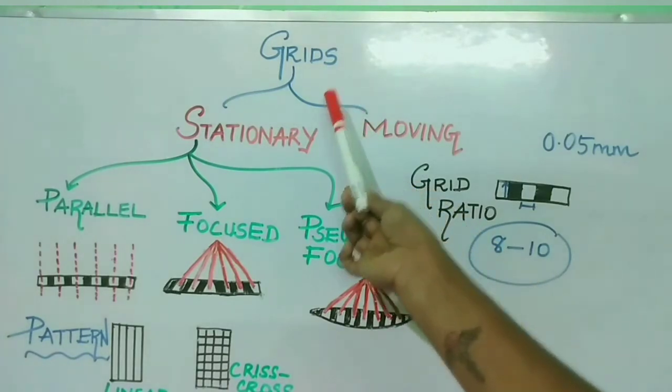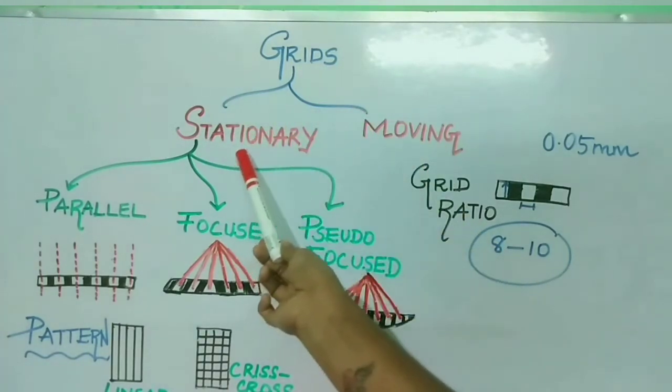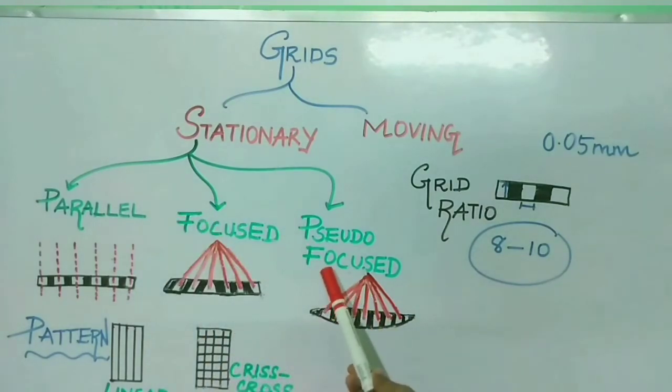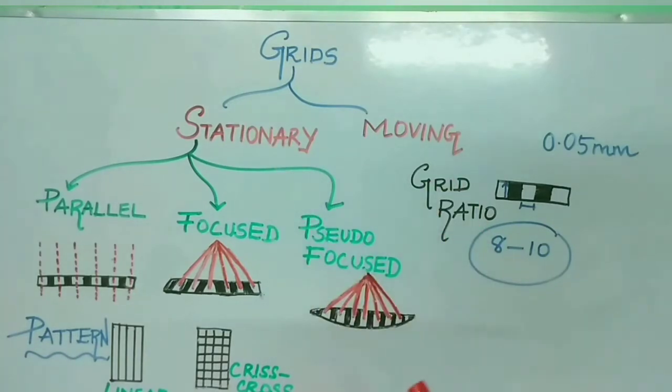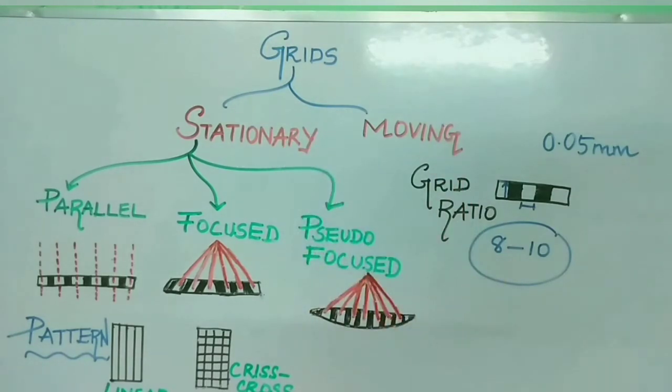Grids are basically divided into stationary grid and moving grid. Stationary grid is again divided into parallel grid, focused grid and pseudo-focused grid. As the name indicates, a stationary grid is stationary. It does not move. The disadvantage of using a stationary grid is that it produces radiopaque lines of lead strips on the resultant radiograph, which decreases the contrast.